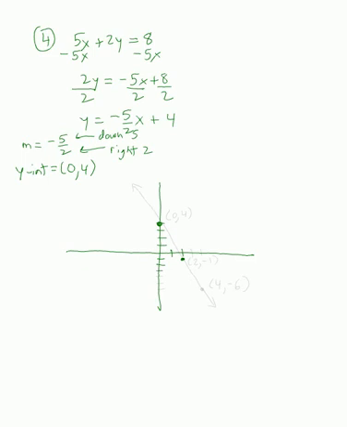Let's do another one. Down 5 to the right 2. So there is our line. Let's go ahead and label these points. This is 0, 4. This one right here is 2, negative 1. And this one is 1, 2, 3, 4, 5, 6. So 4, negative 6.